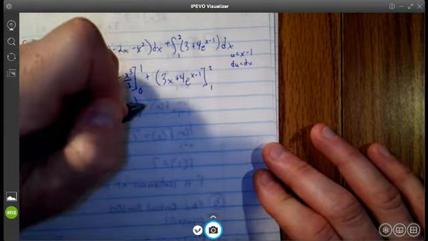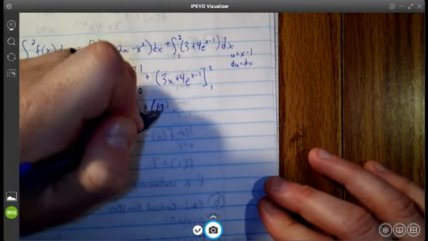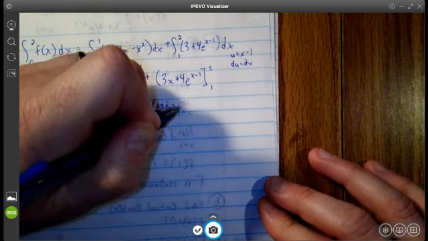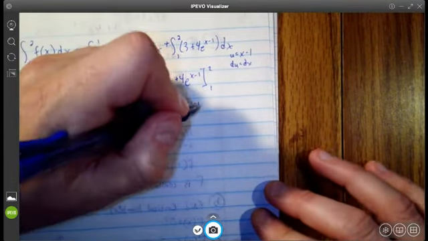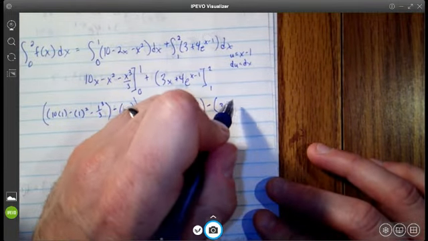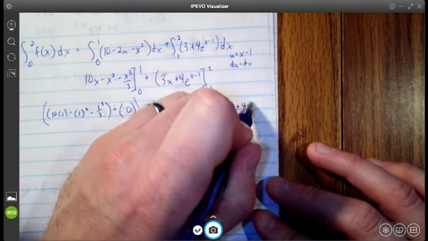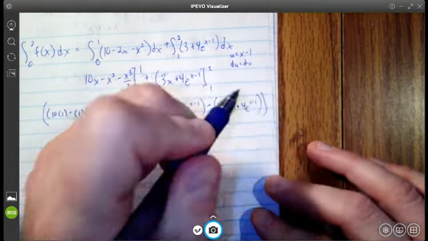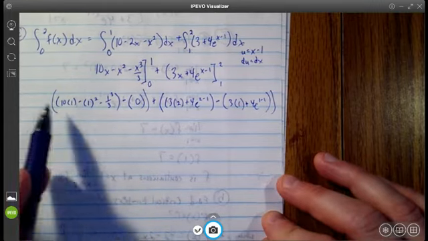Then plus, now we plug in here: 3 times 2 plus 4e to the 2 minus 1, then minus, don't forget the other part, 3 times 1 plus 4 times e to the 1 minus 1.